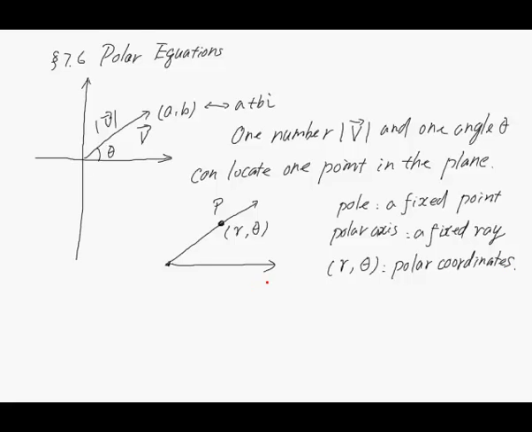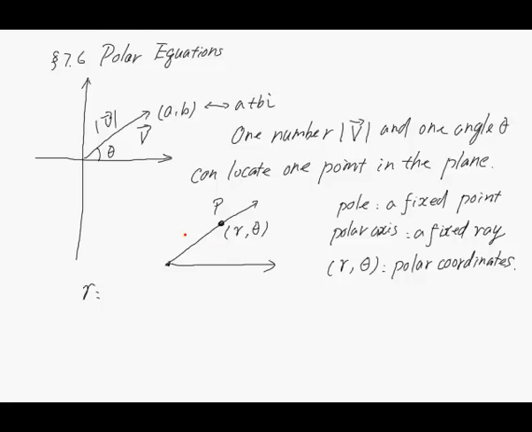And let's first say a few words about this r. This r is the directed distance from this point P to this pole. And you may just identify the pole as the origin of the rectangular plane. Actually, generally, we like to combine these two together.